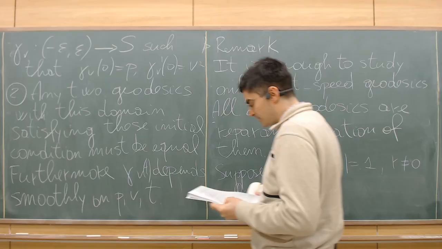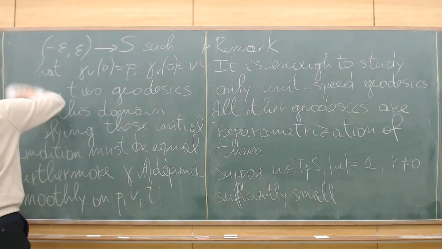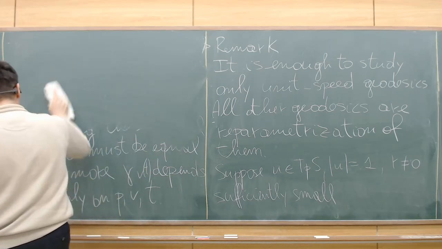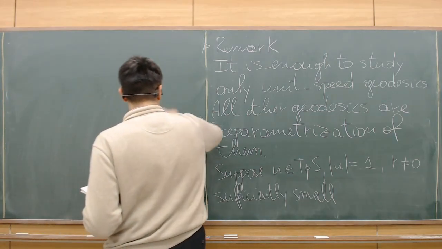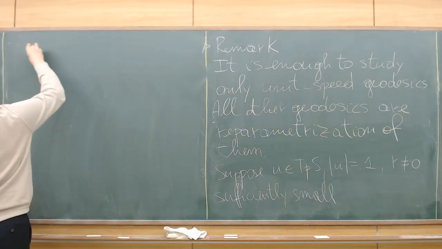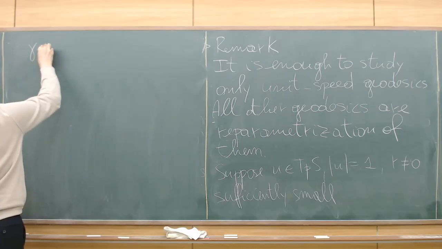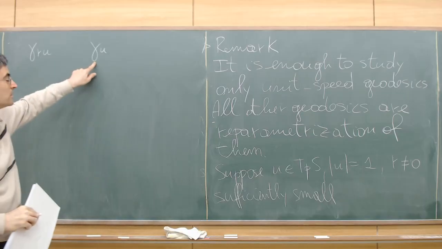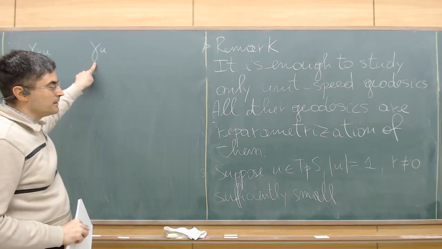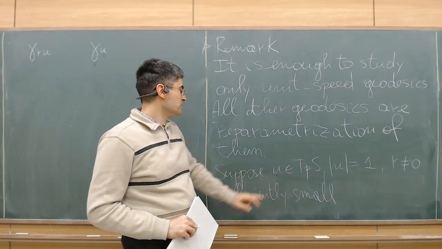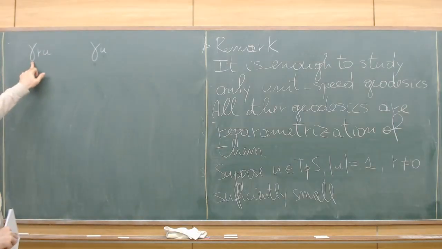Let's ask ourselves if there exists a relation between gamma Ru and gamma U. So this is the geodesic having as initial velocity the vector U, and this is the geodesic having as initial velocity the vector Ru.